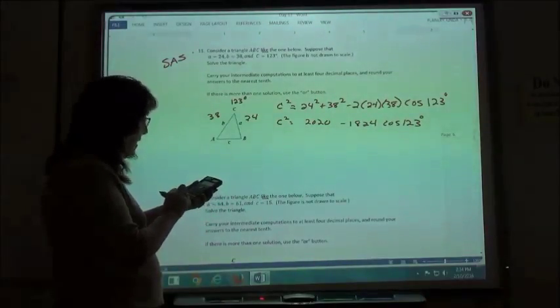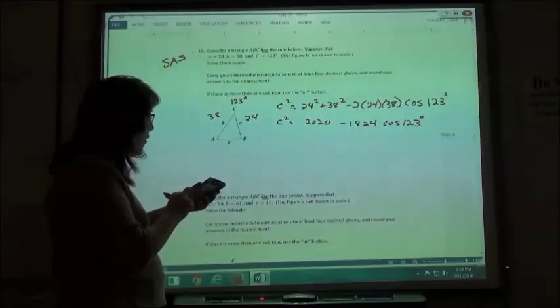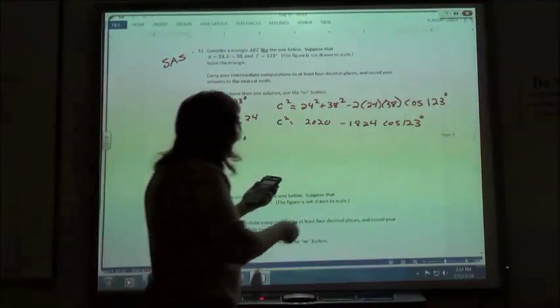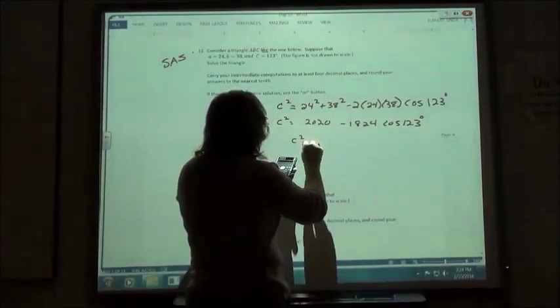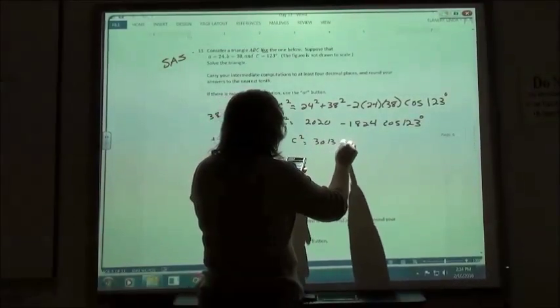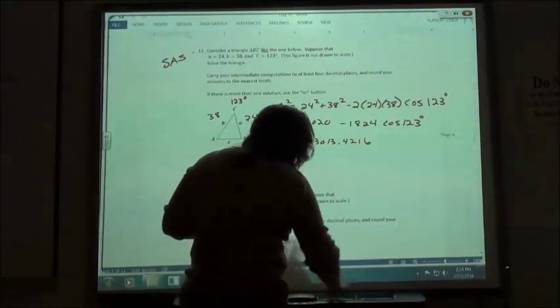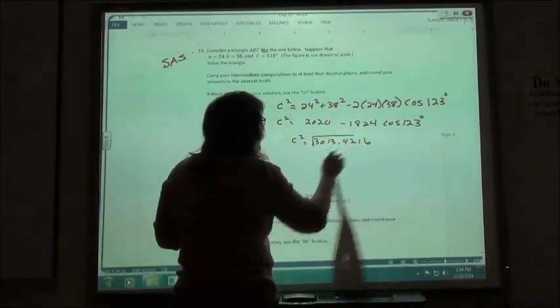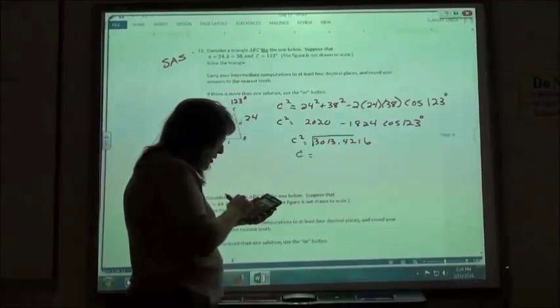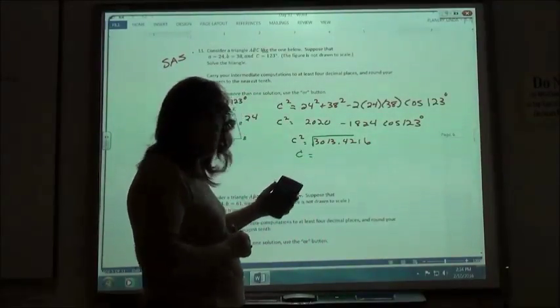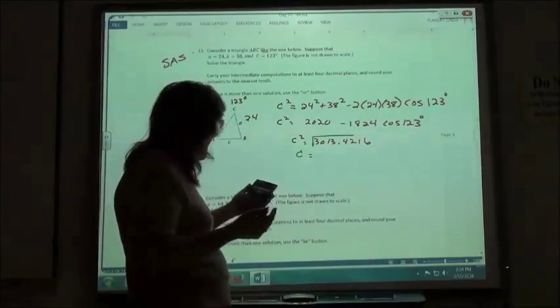So 2020 minus 1824 cosine of 123 gives me C squared equals 3013.4216. To solve that, since it's C squared, I would have to take the square root. So I'm going to do on my calculator square root of the answer. Then I don't have to type it back in.